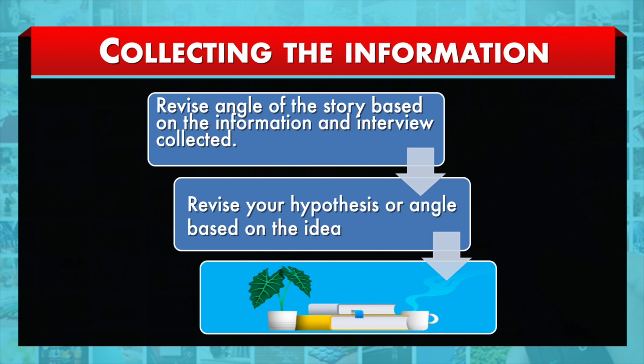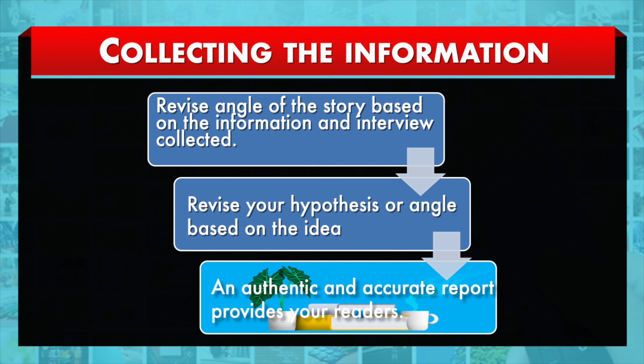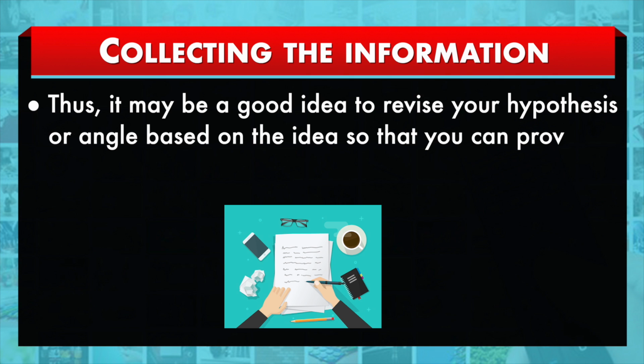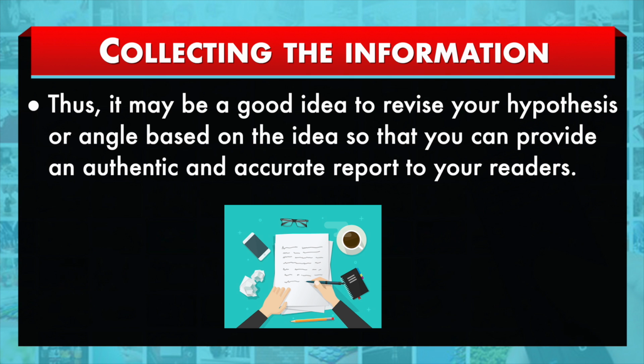However, at this stage, there are many chances that one needs to revise her angle of the story based on the information and interviews collected. Thus, it may be a good idea to revise your hypothesis or angle so that you can provide an authentic and accurate report to your readers.